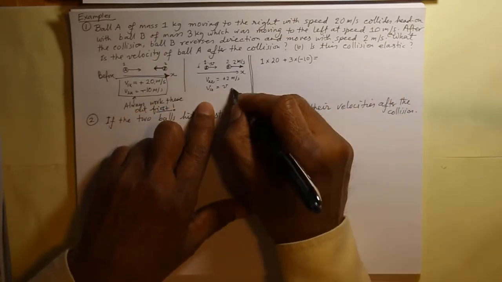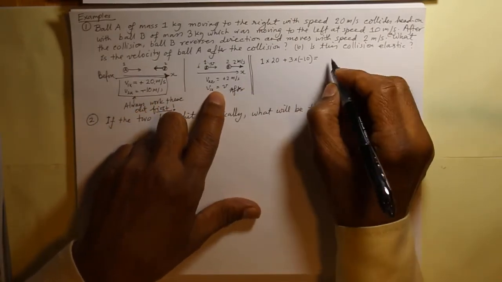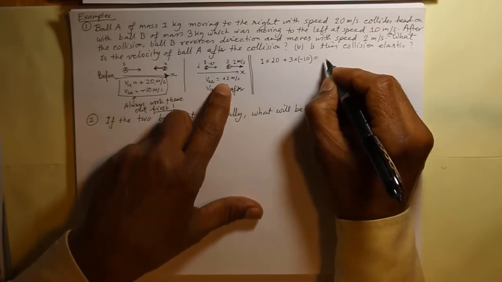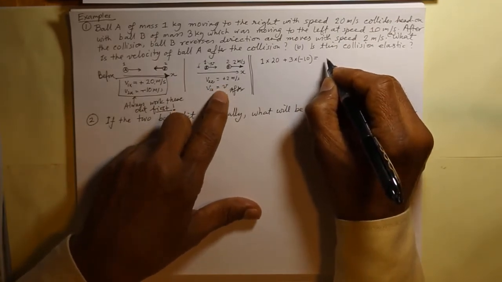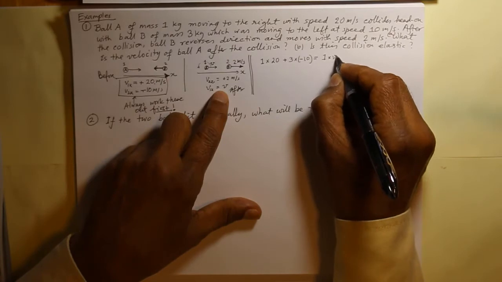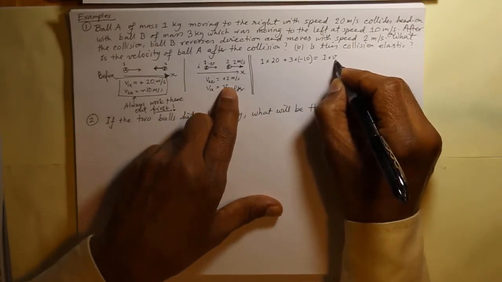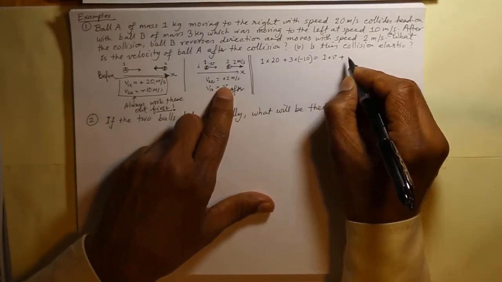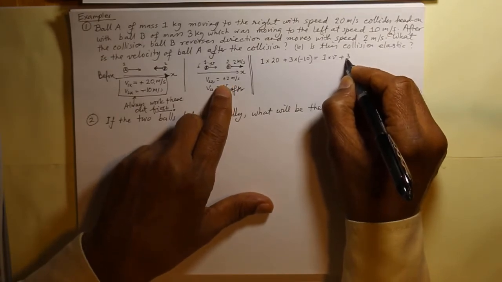And for after, the after situation will be 1 times v, and I don't know if it's going to be plus or minus at this point, plus 3 times 2.